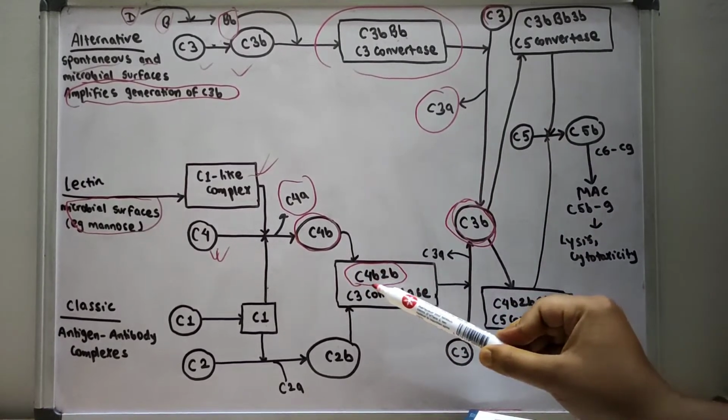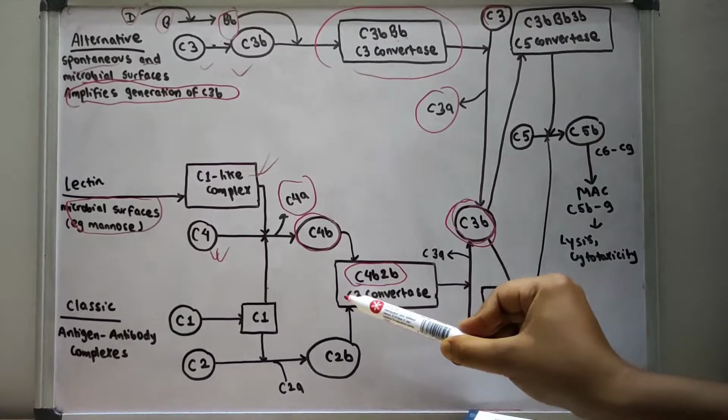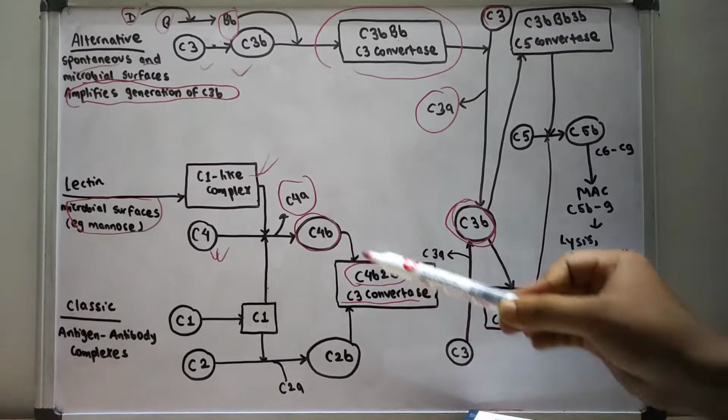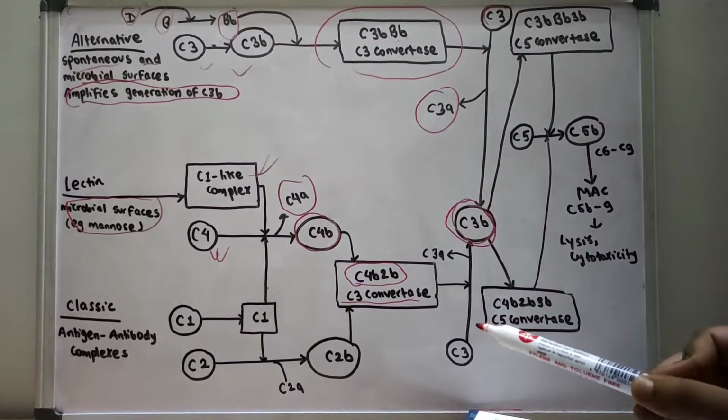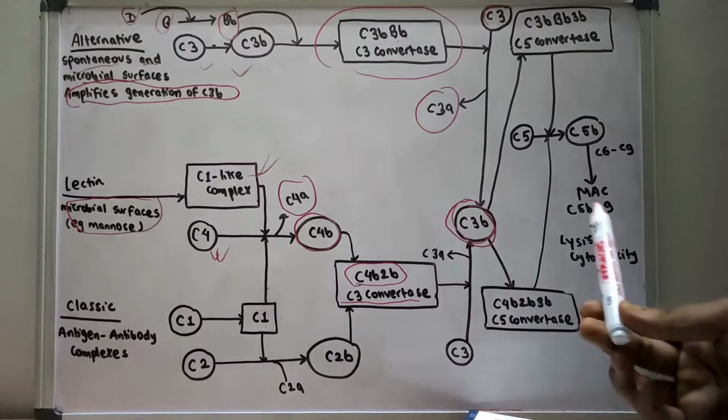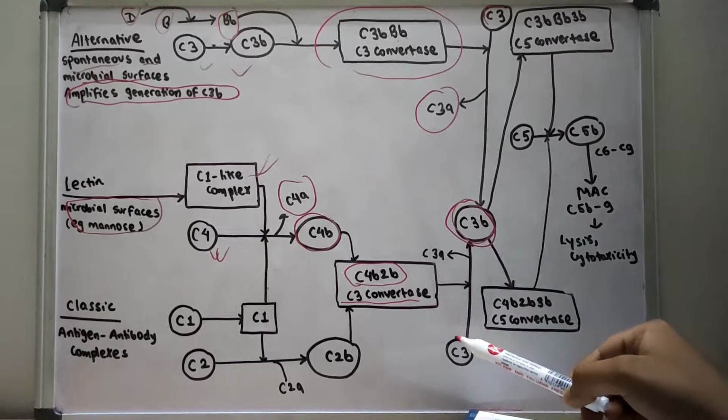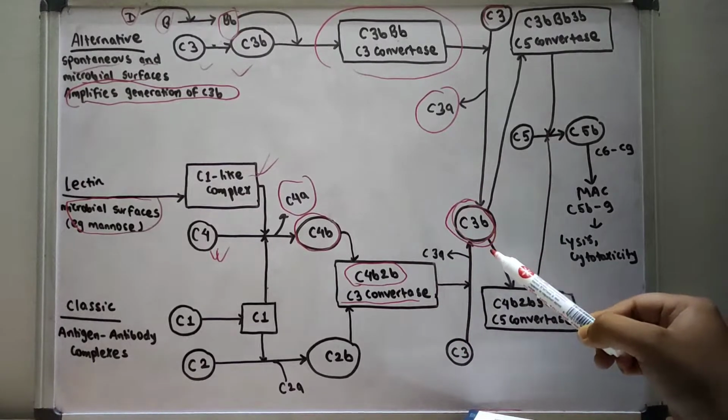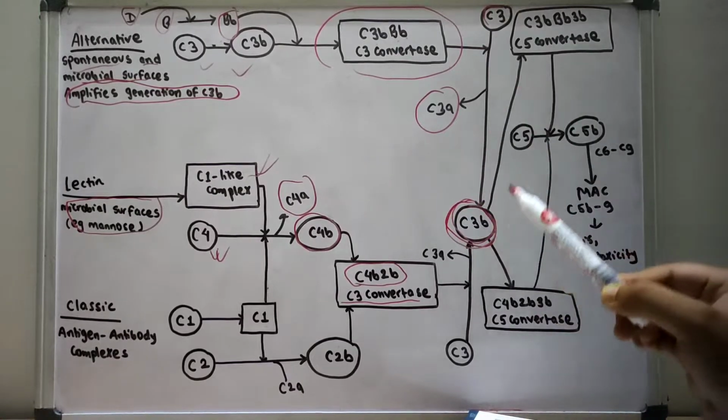That means there is formation of C4b2b, the C3 convertase formed from the lectin pathway. And the C3 convertase helps to convert C3 to C3b, thereby forming the C3b.